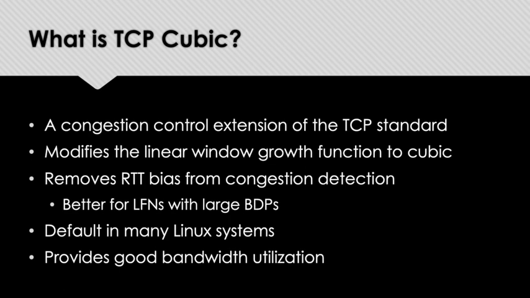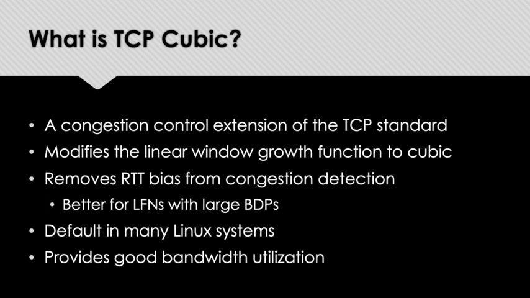However, with TCP CUBIC, RTT bias is completely removed from the equation. TCP CUBIC is the current default congestion control mechanism in many Linux systems today. The way TCP CUBIC works, it allows TCP to utilize bandwidth properly for applications with small bandwidth limitations and for applications with more long-fat networks, even after reaching the TCP window threshold defined by TCP CUBIC.